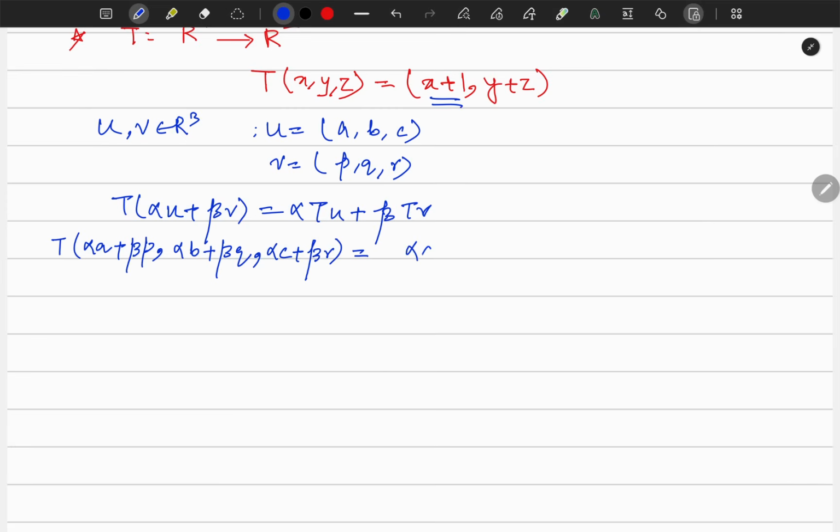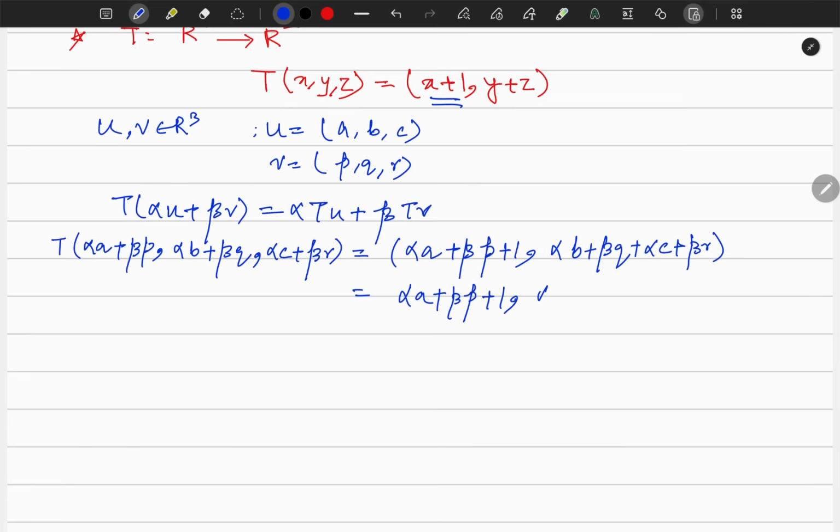So I have alpha a plus beta p plus 1, and y and z you have to add, so that is alpha b plus beta q plus alpha c plus beta r. So that is alpha a plus beta p plus 1 comma alpha b plus c plus beta q plus r. So this is the LHS, and the RHS, alpha T of u plus beta T of v.